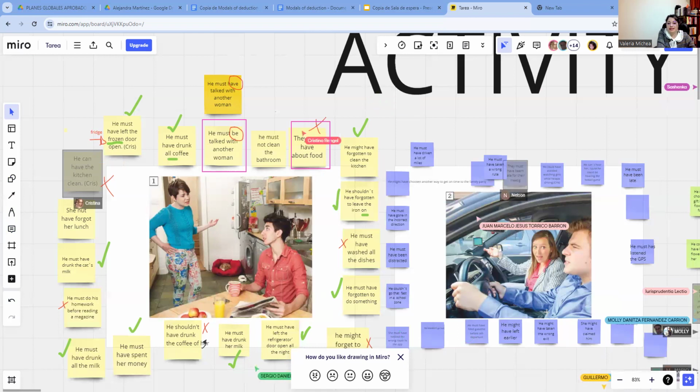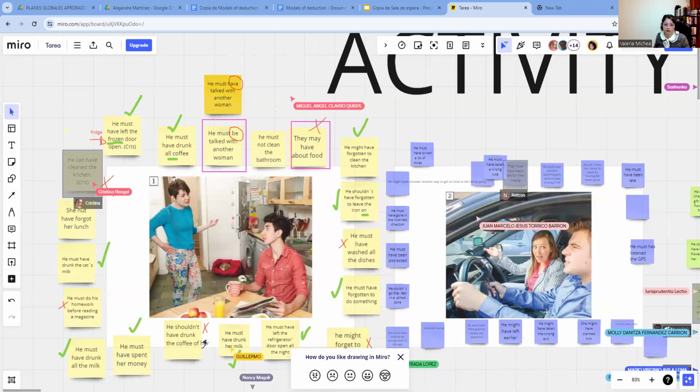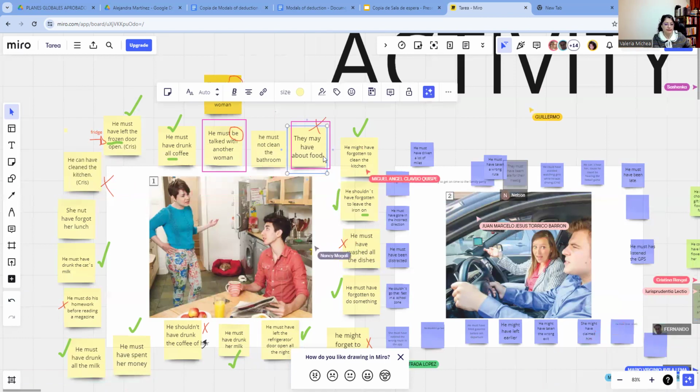The problem is it doesn't have a verb. It doesn't mean anything. "They may have about food." They may have discussed. They may have argued about the food. But it doesn't have a verb, so it's impossible. You need a verb, okay? So again, let me copy it and correct it.